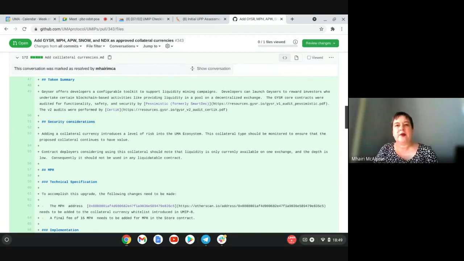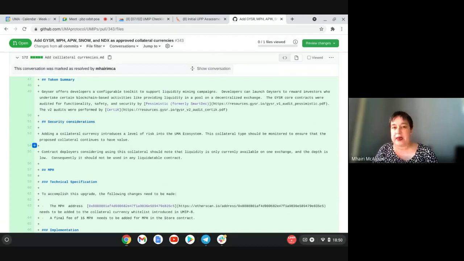The reason that it was added in was they've expressed an interest in creating KPI options. It didn't have security in it because the idea was that we were going to outsource the security considerations, guidelines that contract deployers should consider, rather than actually writing them into collateral currency UMIPs.